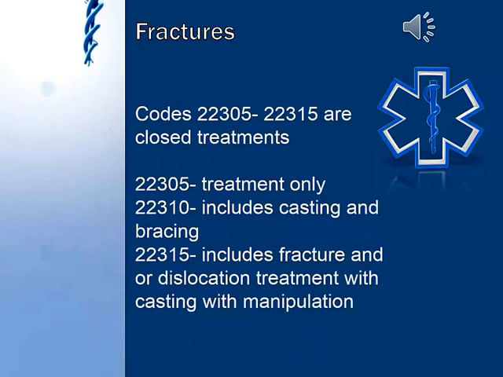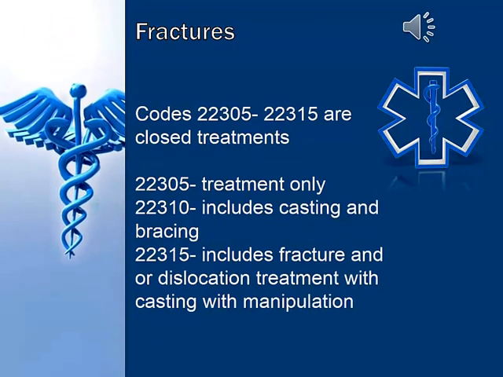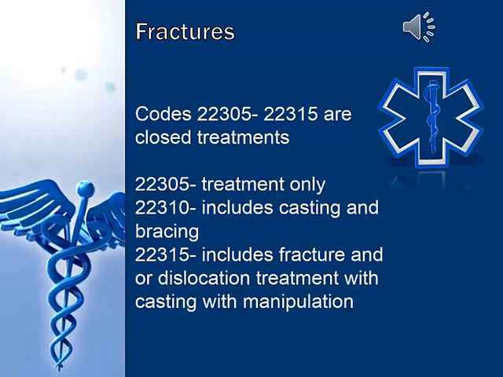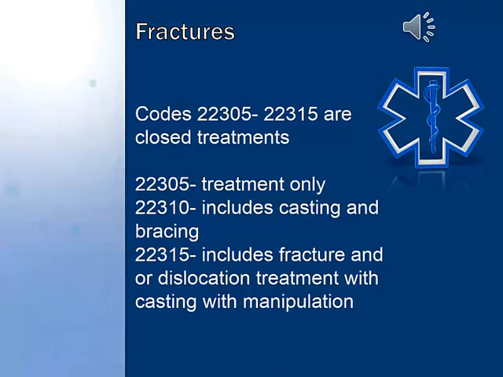Okay, so now let's talk about fractures and or dislocations. Within this section, just like the previous section, you will need to add additional codes as needed. If you need to code for arthrodesis, you will see codes 22590 to 22632, and you will need to append Modifier 51 as needed.